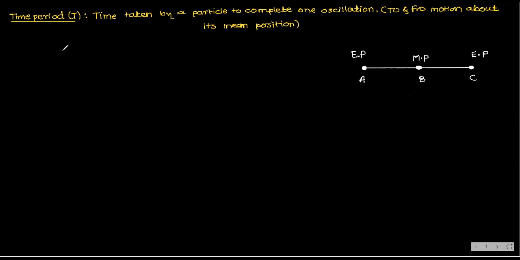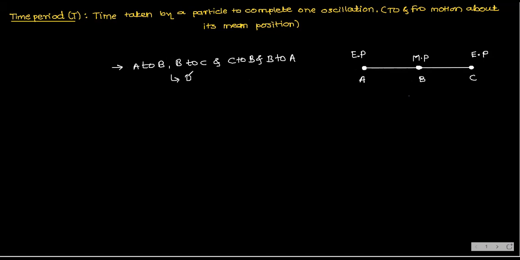So I'm writing in one line here: A to B, B to C, comma, C to B and B to A is your one oscillation.